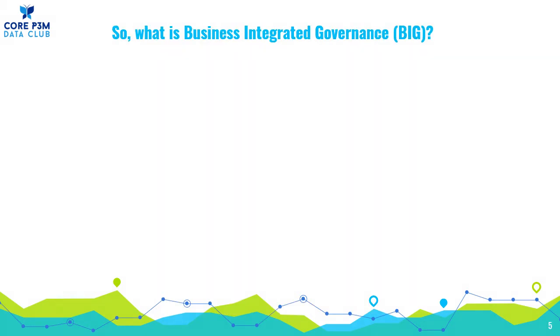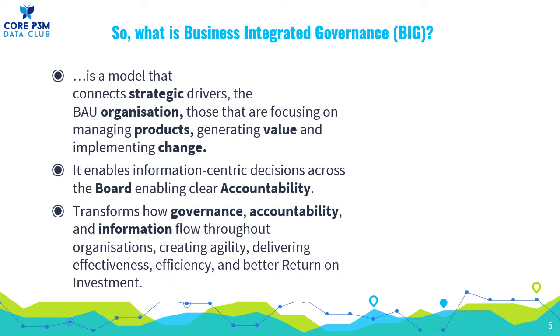So, what is Business Integrated Governance? Simplistically, it's the model that connects strategic drivers, the business as usual organisation, those that are focusing on managing products, generating value, and implementing change. It enables information-centric decisions across the board, enabling clear accountability.